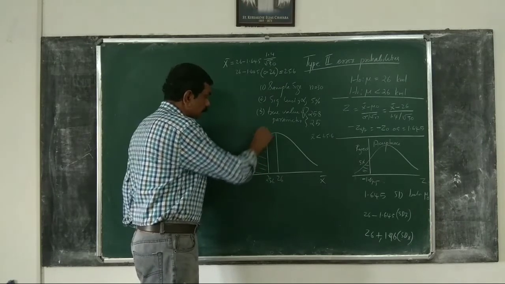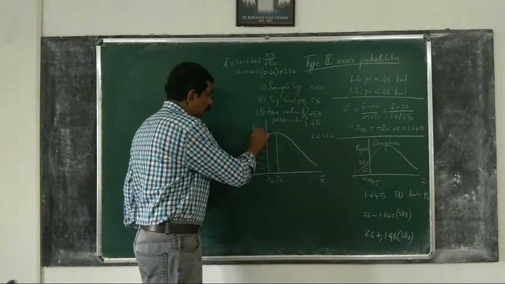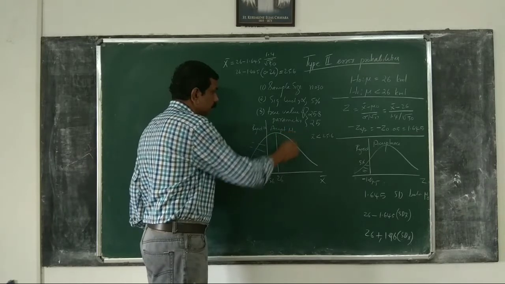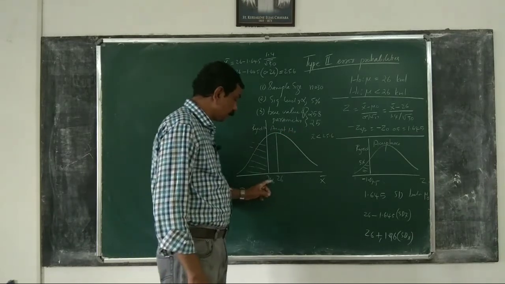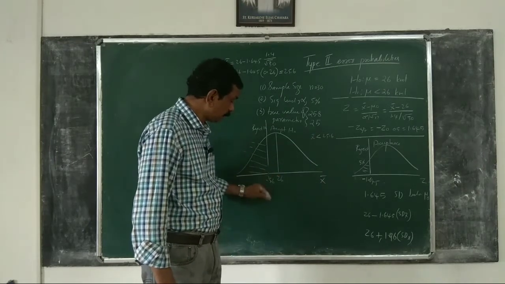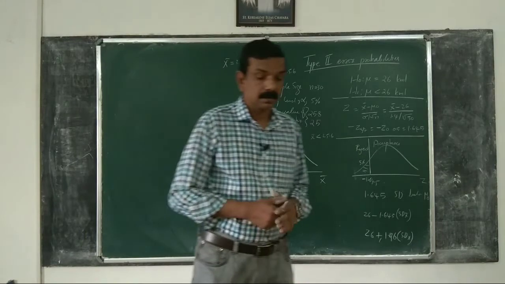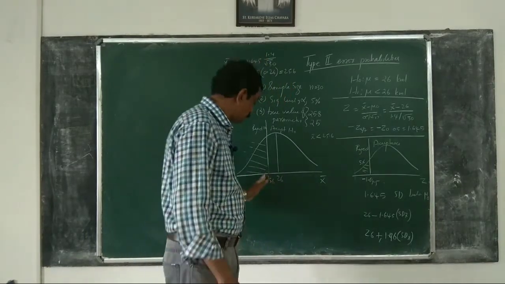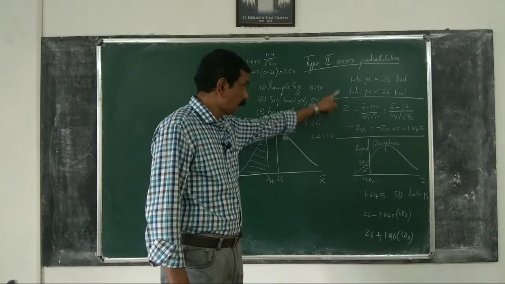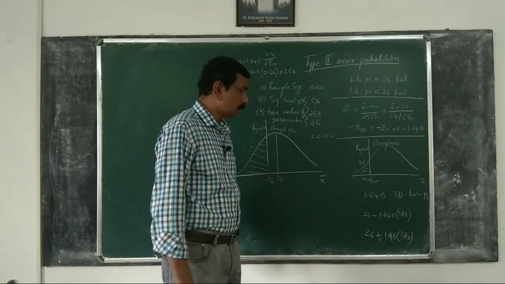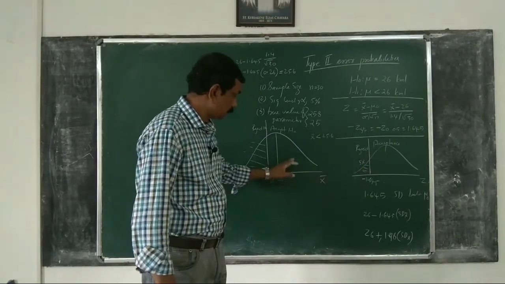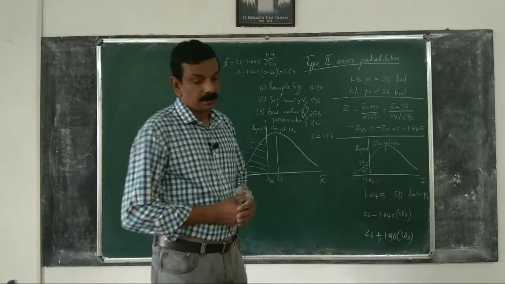Reject H0. This is accept H0. So remember this point, 25.6. If x bar obtained from the sample is less than 25.6, reject H0. If x bar is greater than 25.6, do not reject H0. Here the decision is taken not in terms of Z, the decision is taken in terms of x bar.